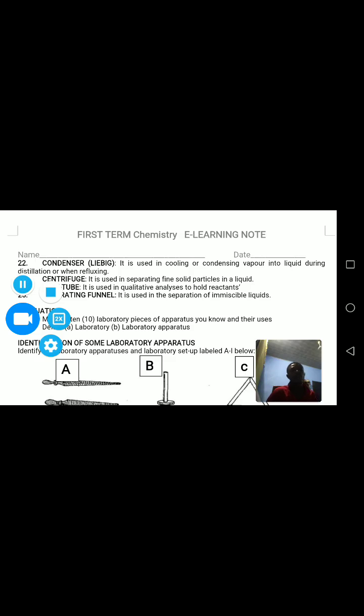They are liquids that when mixed, they cannot blend. When you mix immiscible liquids together, they will never blend.